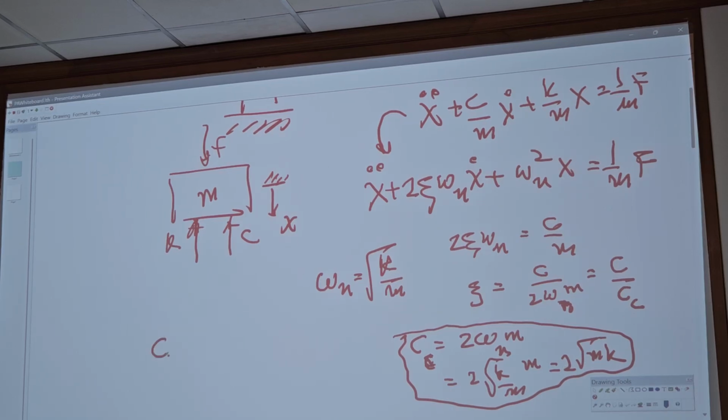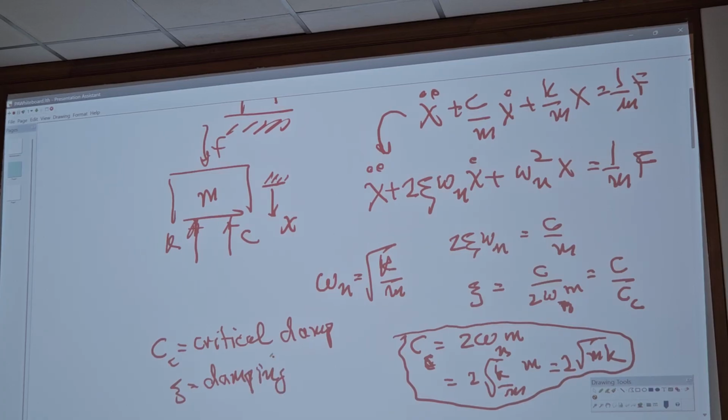So c sub c we call critical damping. And look at this one. This one we call the damping ratio, or damping factor, zeta, which is equal to c over c sub c, where c sub c is this one.